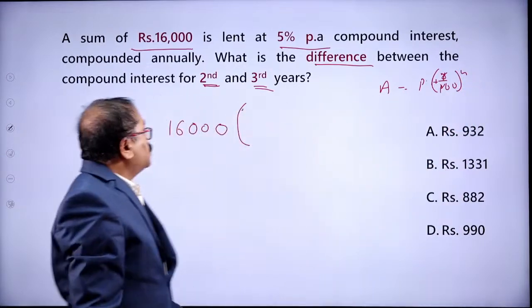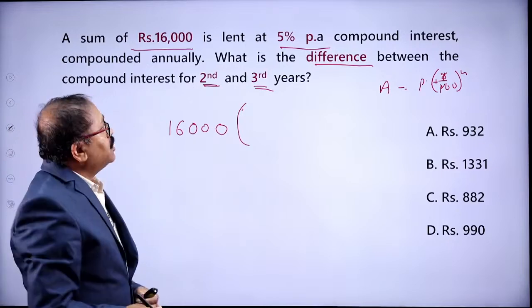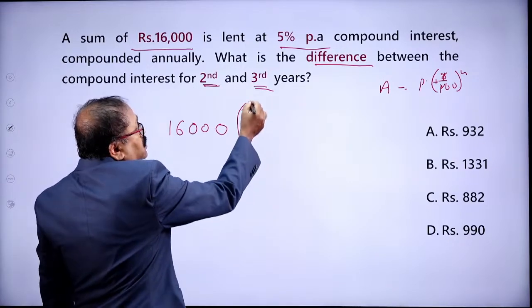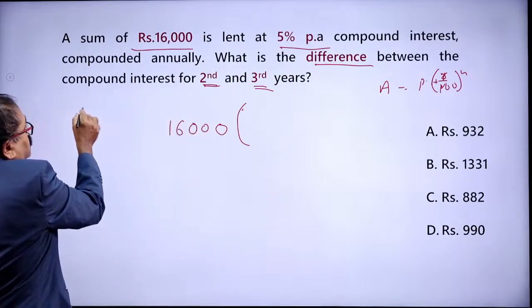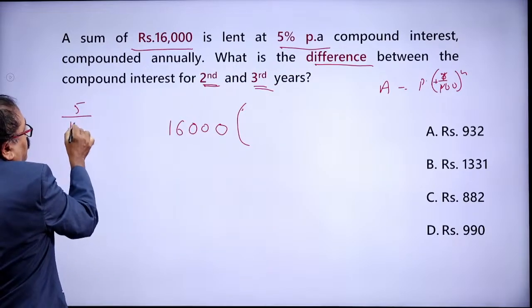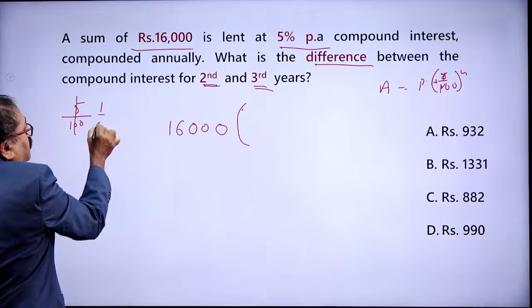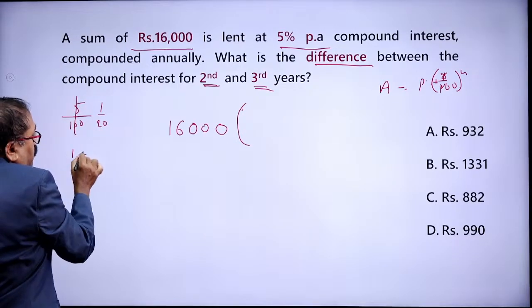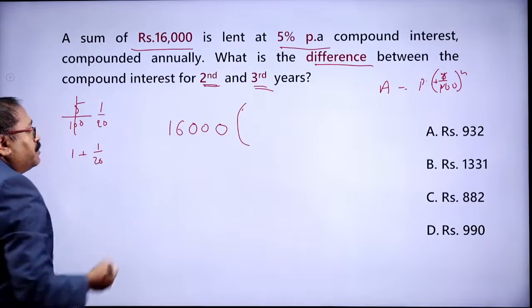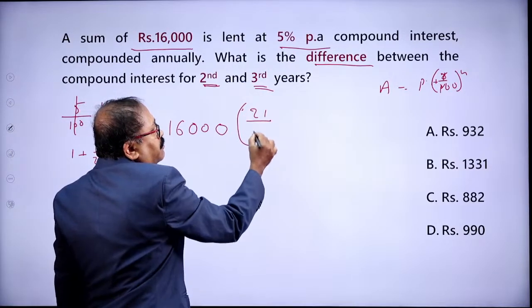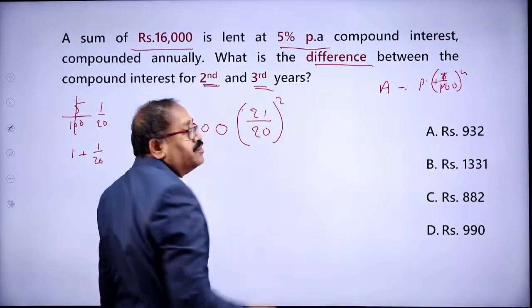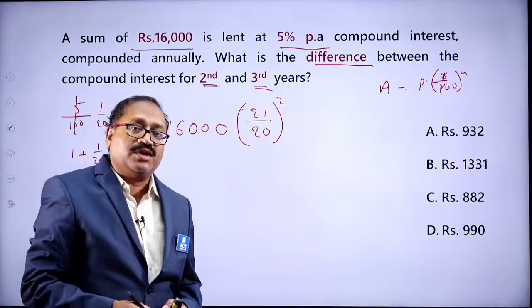This is P into, what is R here? R is 5, so 5 by 100. Can I write this 5 by 100 as 1 by 20? As 1 plus 1 by 20, it will be 21 by 20. So I will directly write this as 21 by 20 to the whole power 2. So I got the amount for 2 years.